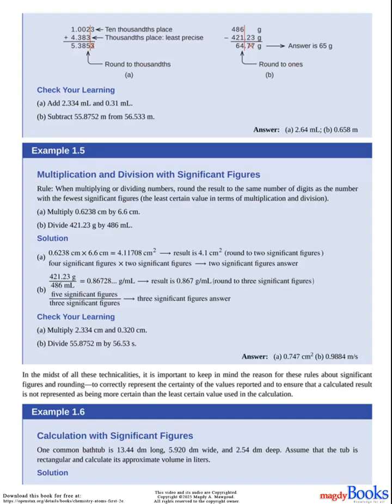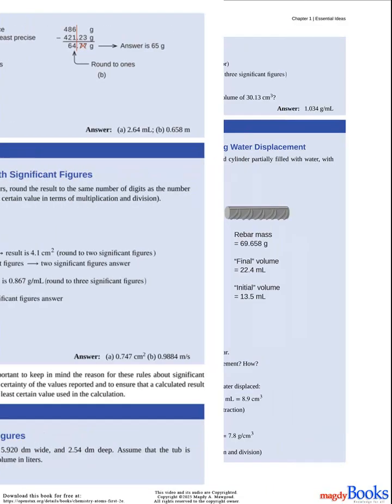Example 1.6. Calculation with significant figures. One common bathtub is 13.44 decimeter long, 5.920 decimeter wide, and 2.54 decimeter deep. Assume that the tub is rectangular and calculate its approximate volume in liters. Solution.